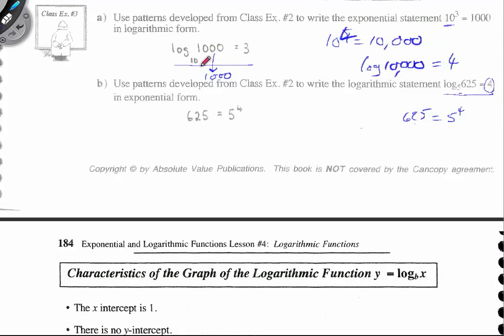We swing the 10 over, bumping the 3 up. Drop, swing, bump. You can change from log to exponential. So in this version here we got log of 625 base 5 equal to 4. If we drop down the 625, swing over the 5 and bump the 4 up, we get that.